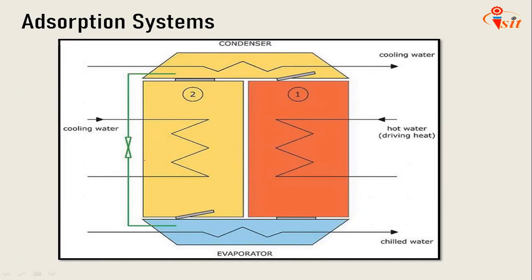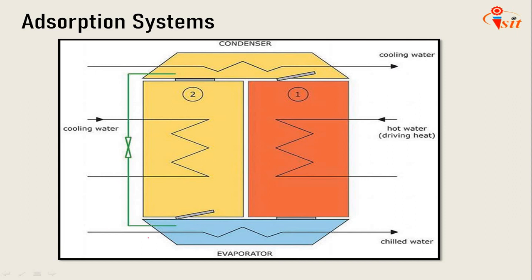Now next is the adsorption system. The adsorption system is similar to the absorption refrigeration cycle. The difference between adsorption and absorption is that the refrigerant is adsorbed on the internal surface of a highly porous solid material instead of being absorbed by a liquid solution.